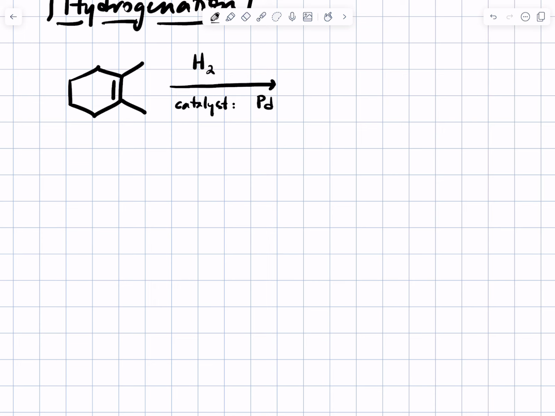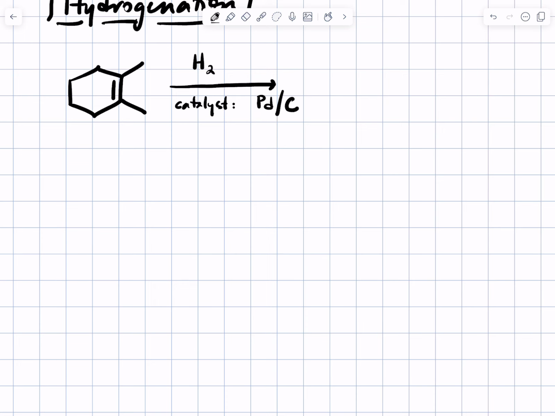though the efficiency of the catalyst depends on its surface area. You want as much palladium metal exposed to the alkene and to hydrogen as possible. And because of this, they grind up the palladium metal into powder and mix it with carbon and basically immobilize the palladium on carbon.